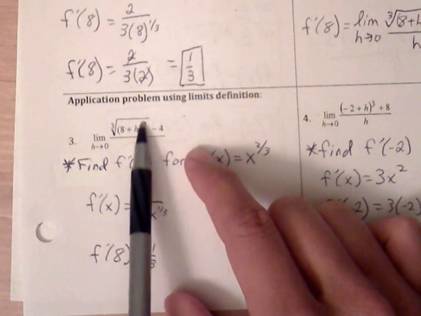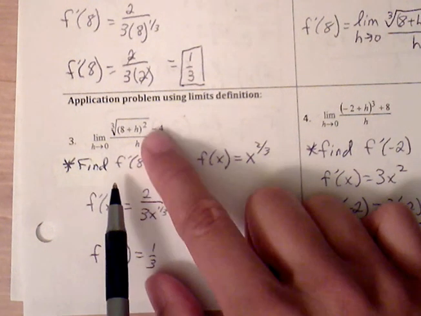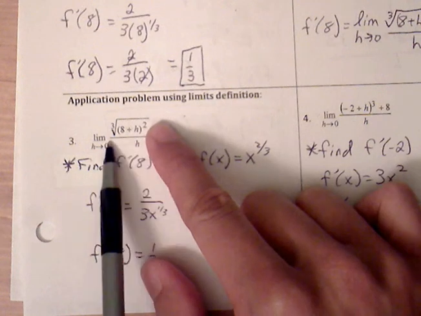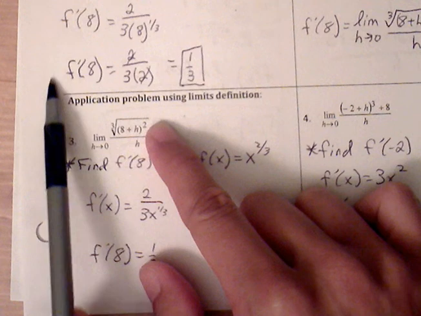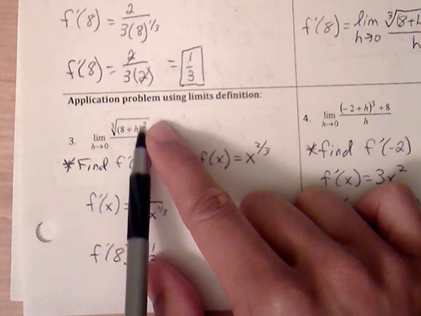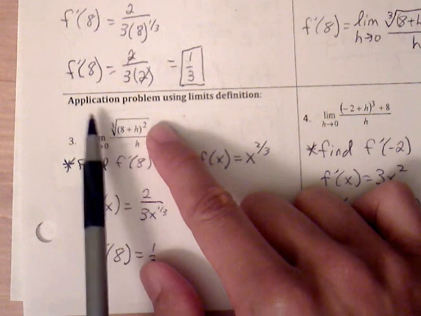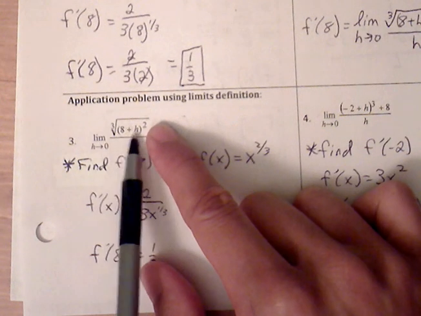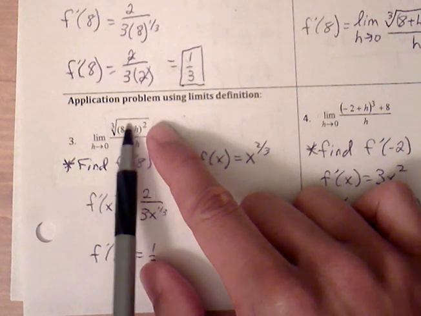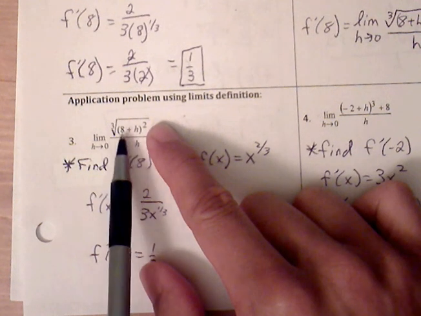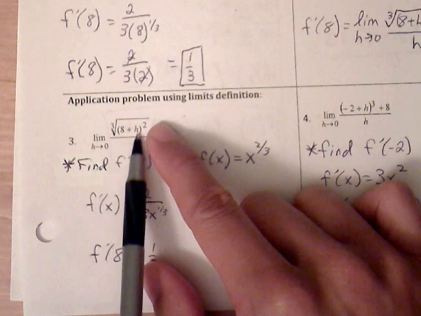F of x usually is not going to give us enough clues to help us backtrack. So if we just cover this up, something must have been plugged in to get this 8 plus h to show up, right? It's because we replaced x with x plus h. So any parentheses that you see with x plus h or 8 plus h or anything with h in it, just think of this as x.